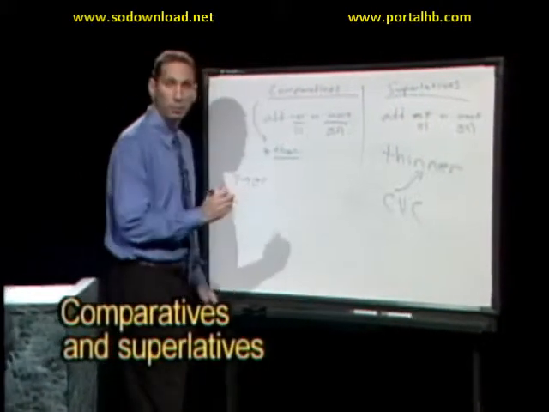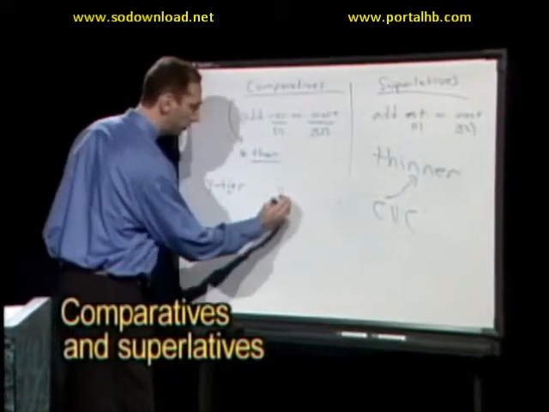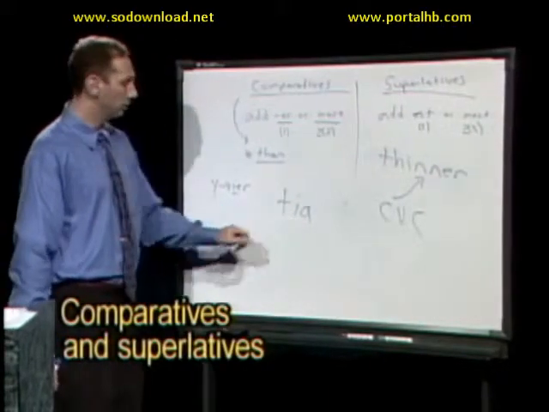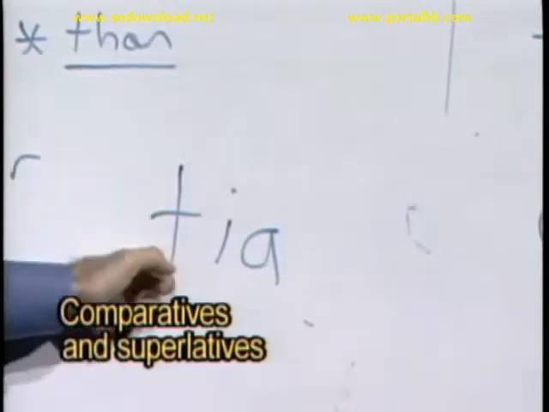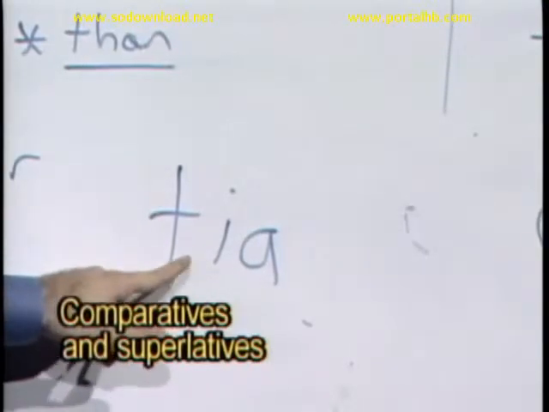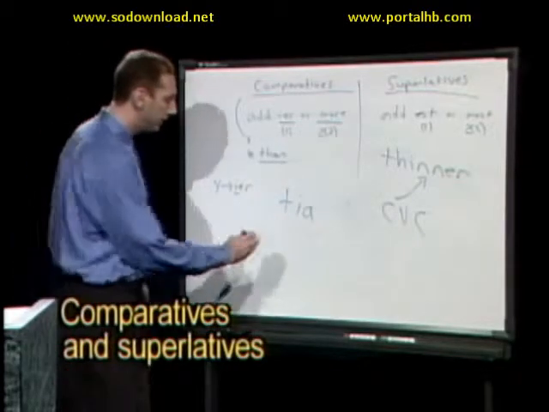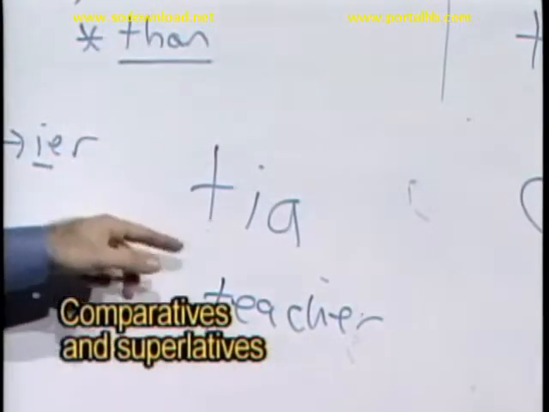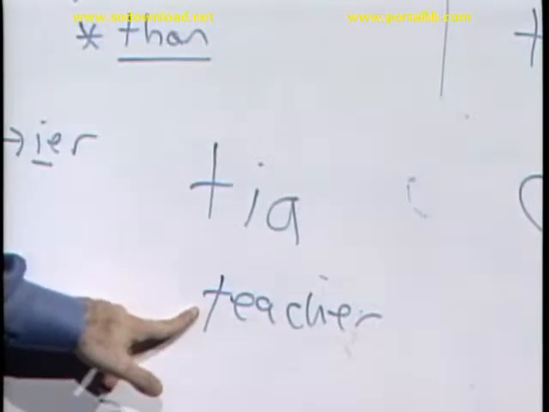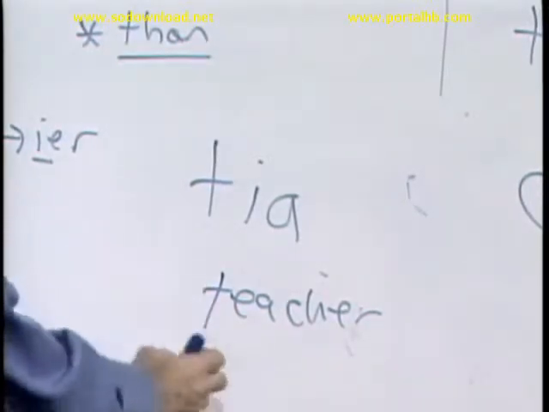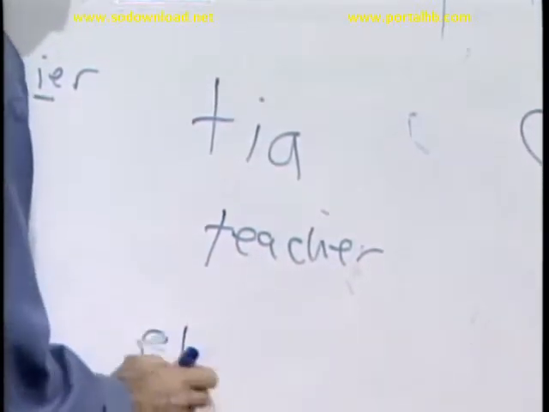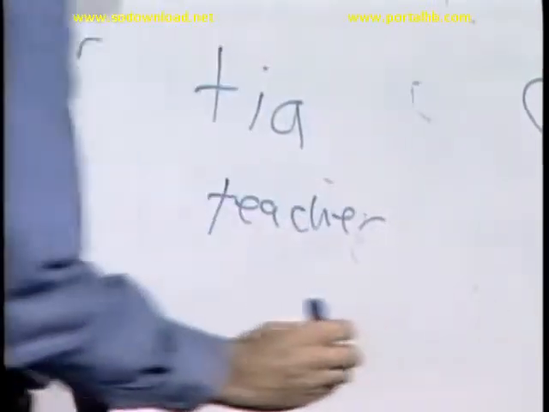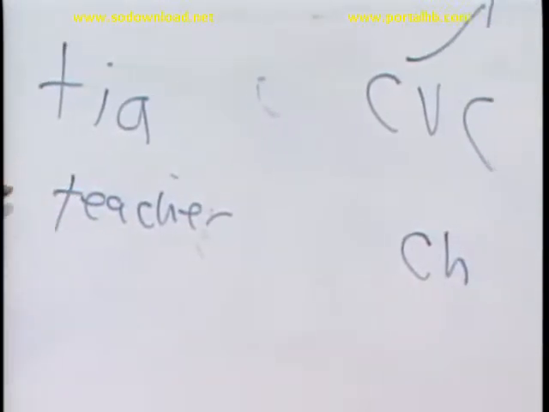There's something very important in Portuguese that you have to understand. If you say, for example, in Portuguese, tia, which is aunt in English, many Brazilians learn to say the T in English like in teach or teacher, and they pronounce it like a CH, like the sound in chips.